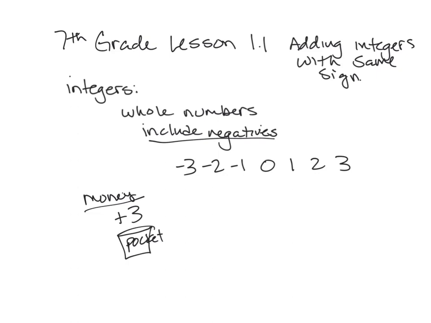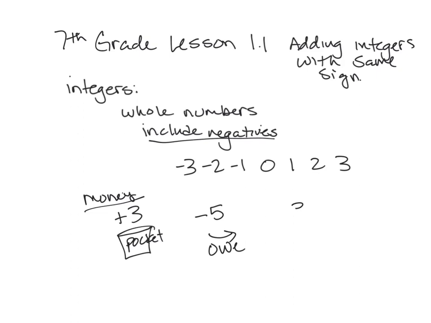I've got $3 in my pocket, so that's good. Anything negative would be money that I owe somebody or money that I need to pay, money that's going to go out. So negative numbers in my mind would be what I owe or need to pay, and positive numbers would be what I have in my pocket. And to me, that makes it the easiest. My brain wraps around that pretty easily. So for some of you, it might be the same.